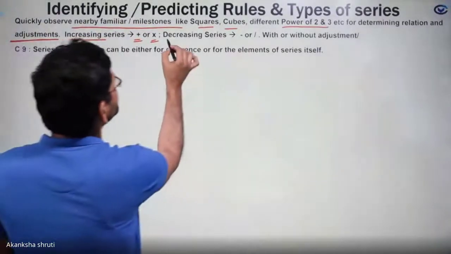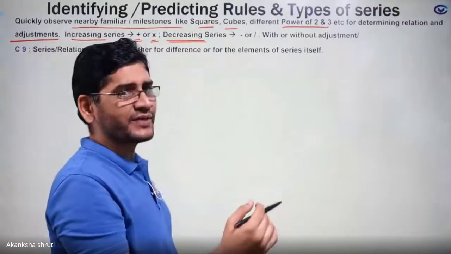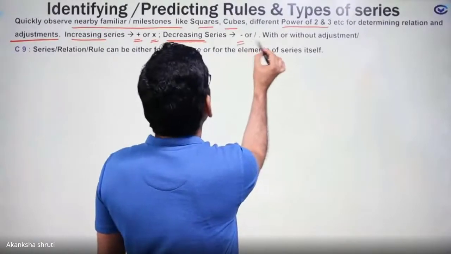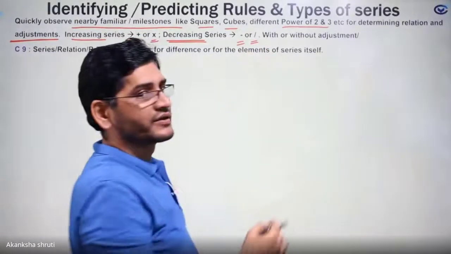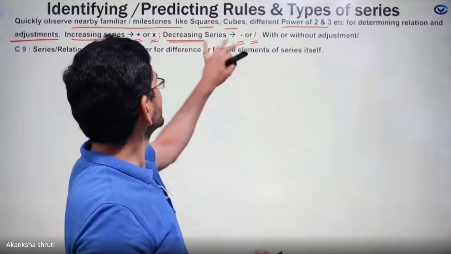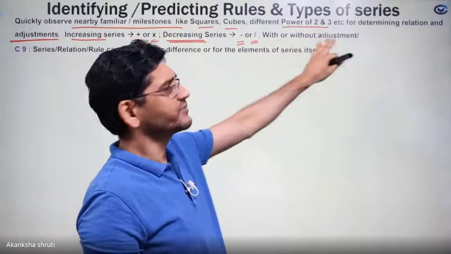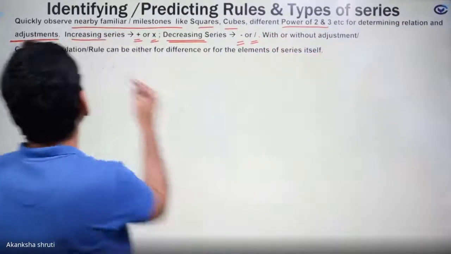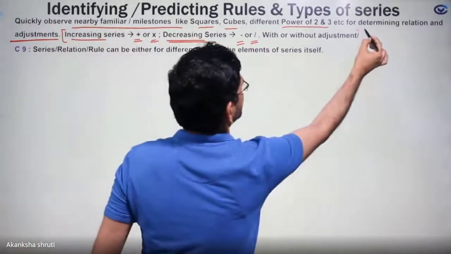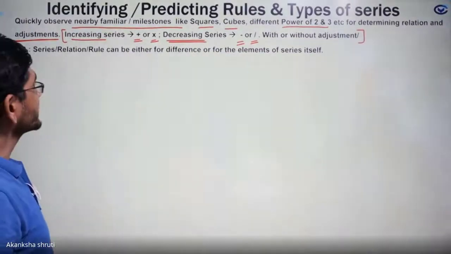If the series is decreasing, so the next term is lesser than the first number, it means something is either subtracted or divided. This subtraction or division for a decreasing series may be with some adjustment or without adjustment. So these are the key things that we have to understand. For this, the other things are written that will be helpful.